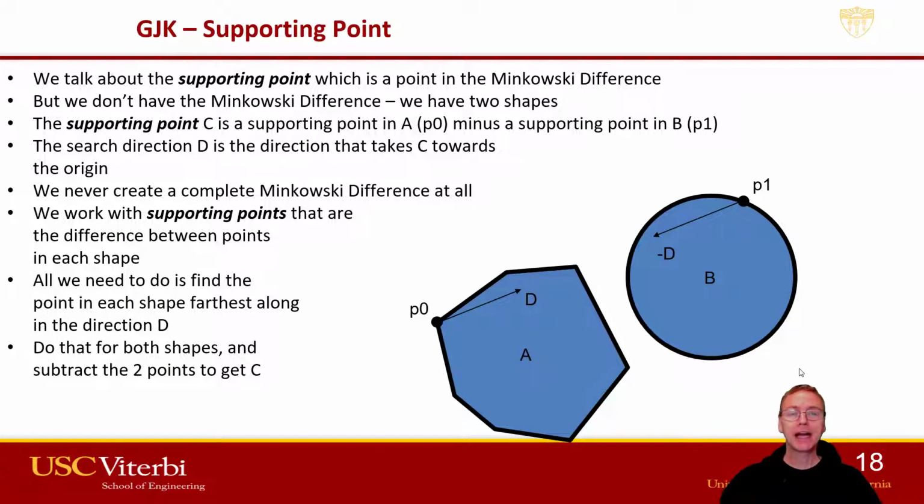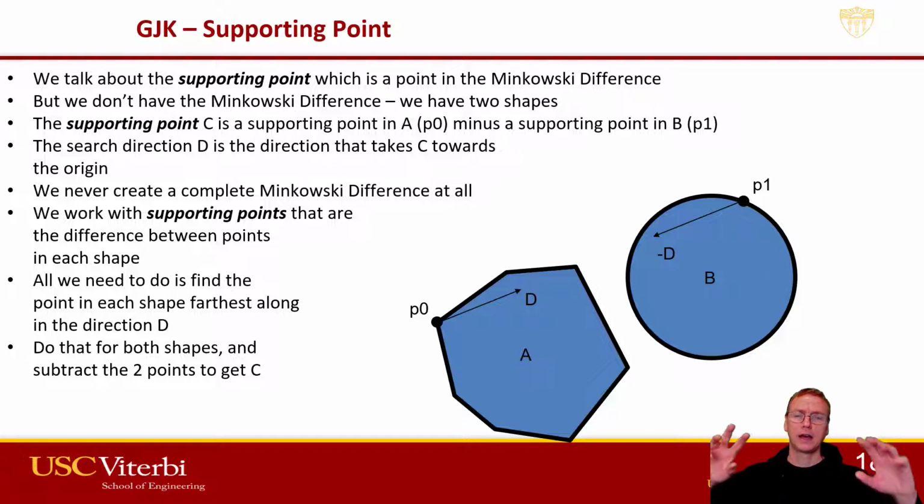We will be going back and forth between Minkowski space and world space. And that can be rather confusing. As we get into it a little bit, I'll do an example with diagrams, and that will help. What we'll be doing is talking about a supporting point, right? The supporting point is the point the farthest in any given direction. We will talk about a supporting point in A, and we will talk about a supporting point in B. We will also talk about a supporting point in the Minkowski difference.